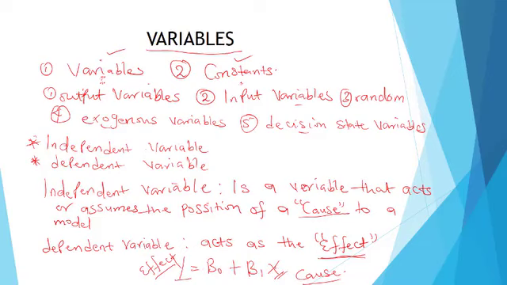A change in x will affect the value of y. An increase in x might affect the rate of y positively or negatively, and b naught serves as a constant term, and this constant term remains unchanged throughout the experiment.